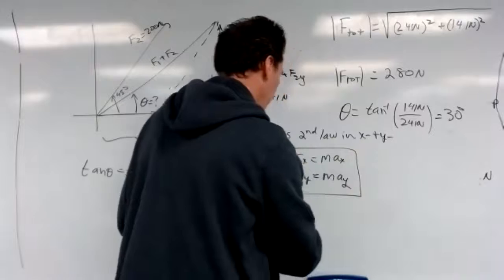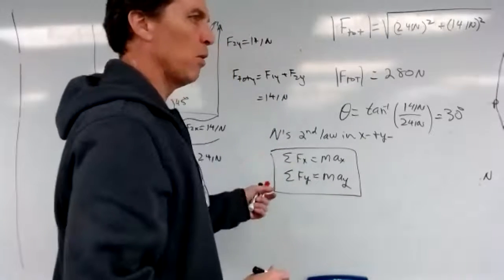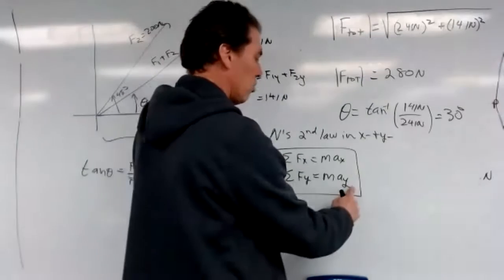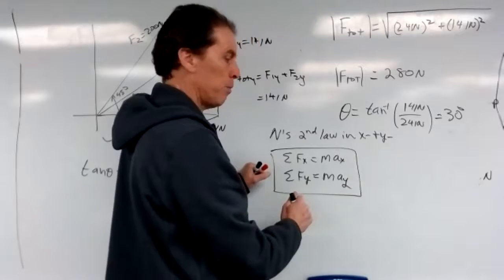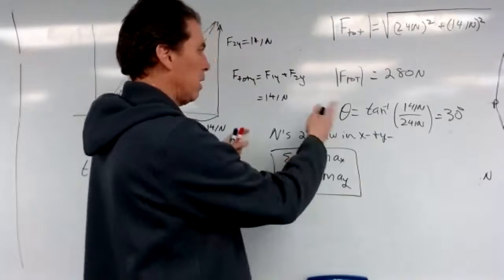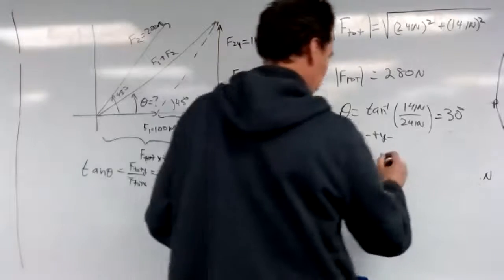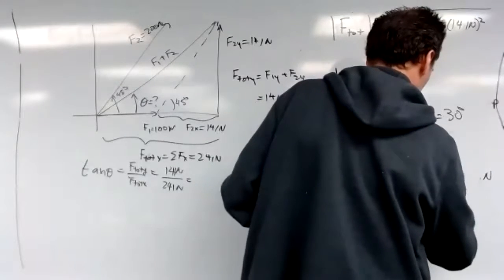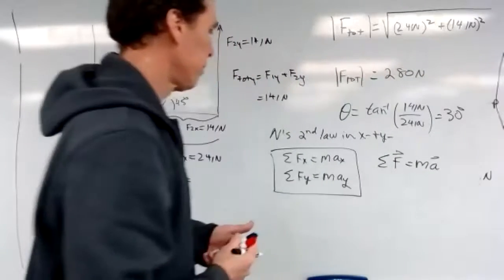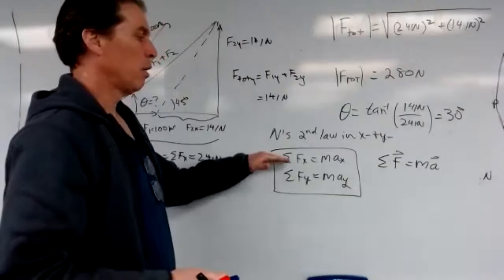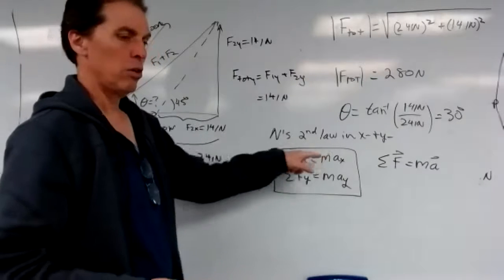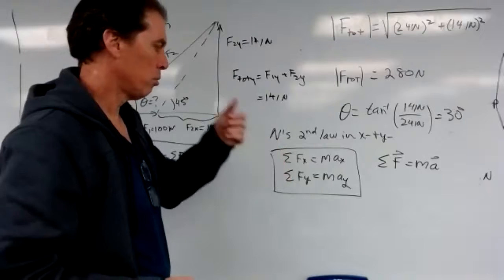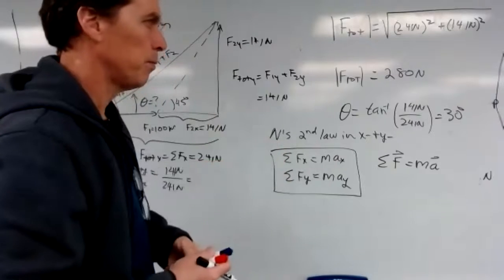And so maybe for the rest of time, we'll be thinking of Newton's second law really this way, instead of just as a general statement about the sum of the forces equal to mass times the acceleration. If you're just working in one dimension, of course, there's no difference really, right? But if you're doing more than one dimension, 2 or 3 dimensions, this is the way to do it.